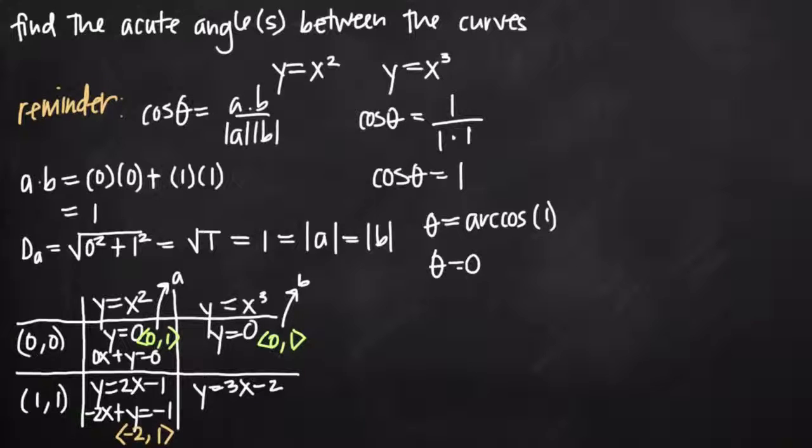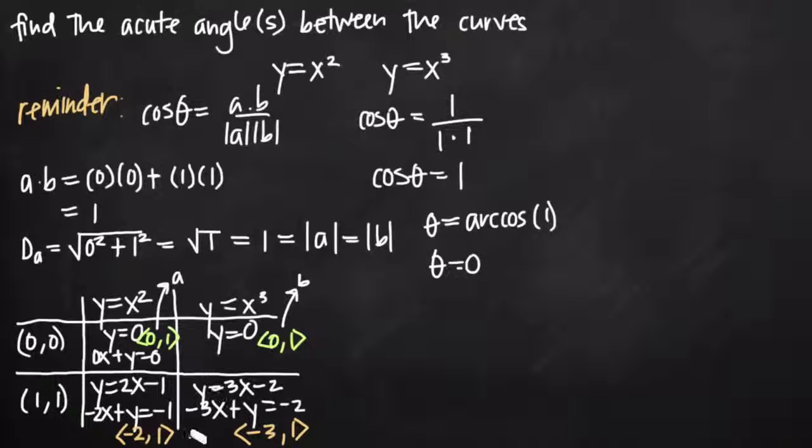So there's our vector representation. Over here, for this tangent line equation, we'll move 3x to the left-hand side by subtracting 3x from both sides. We get negative 3x plus y is equal to negative 2. X and y is on the left, just a constant on the right-hand side. And so we take our coefficients and we get negative 3 and positive 1. These are our two vector representations.